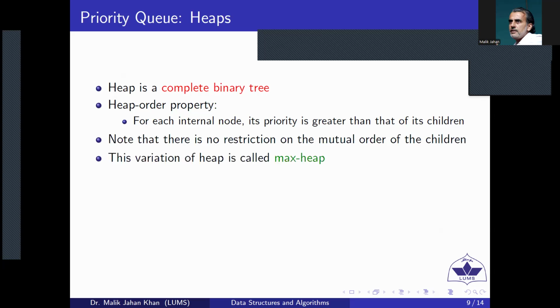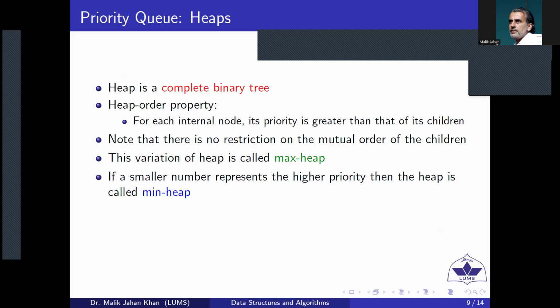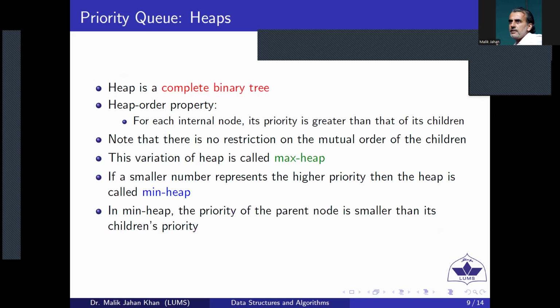This variation is called a max heap, which means the priority of the parent is greater than both of its children. The other variation is called a min heap, where the priority of the parent is smaller than that of its children. That's just a matter of implementation, just like we implement sorting in ascending or descending order, so that does not really change the basic concept.